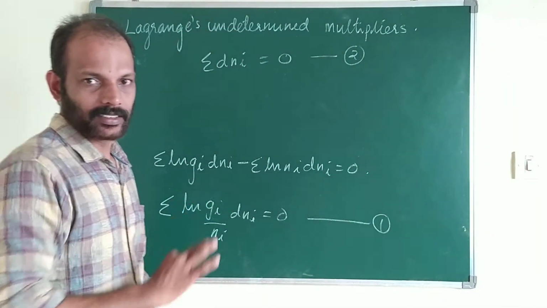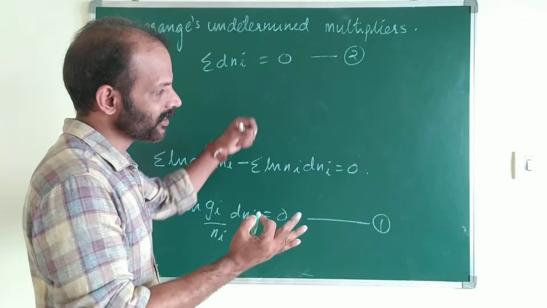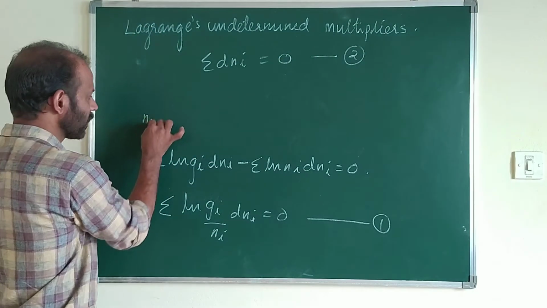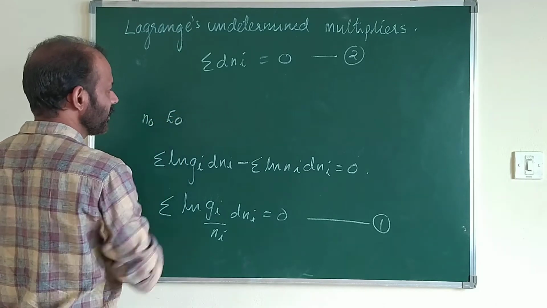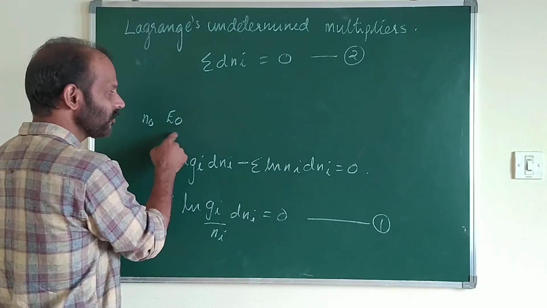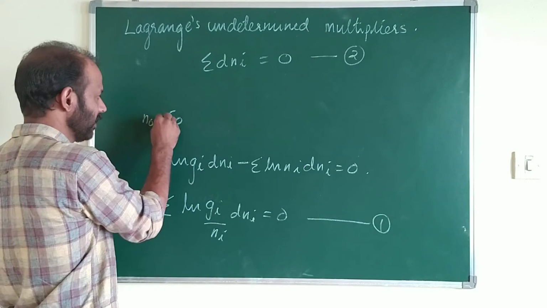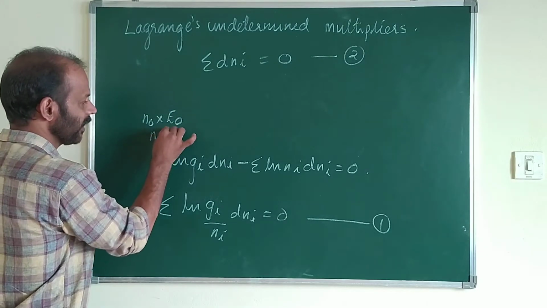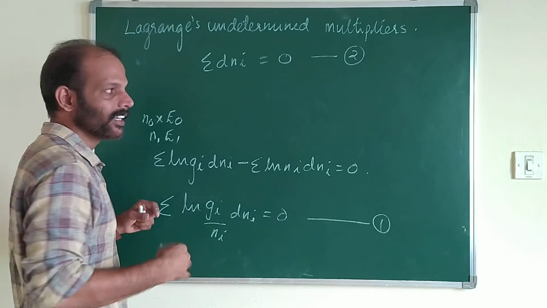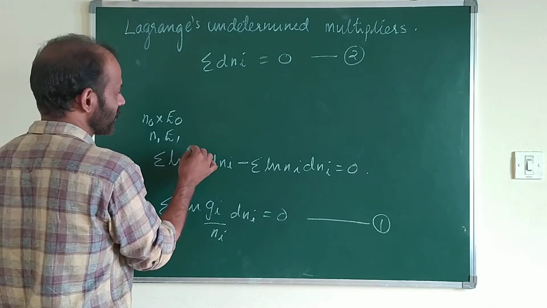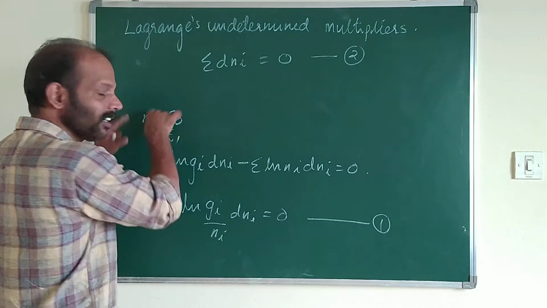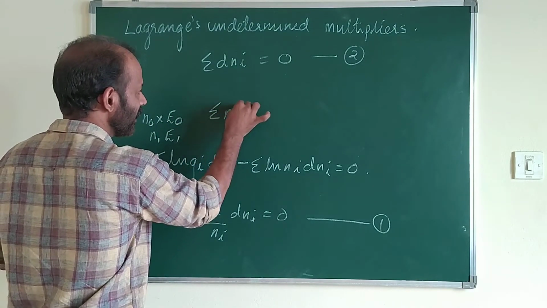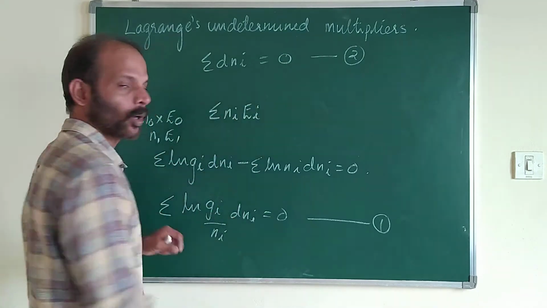Then total energy. Total energy is the sum of the energies of all levels. Suppose n0 particles occupy E0. So the energy of the level E0 is n0 into E0, and the energy of the first level is n1 E1. The total energy is the sum of all the energies. That means sigma ni Ei is the total energy.